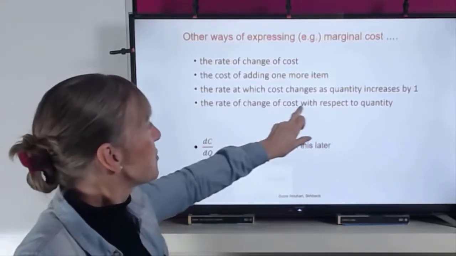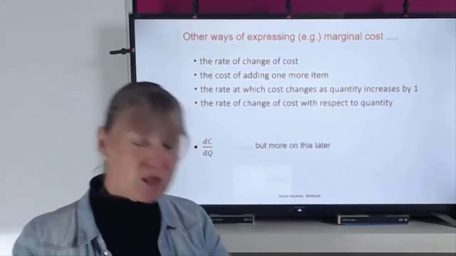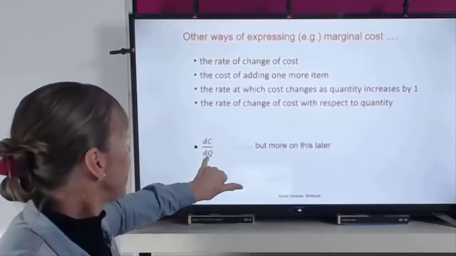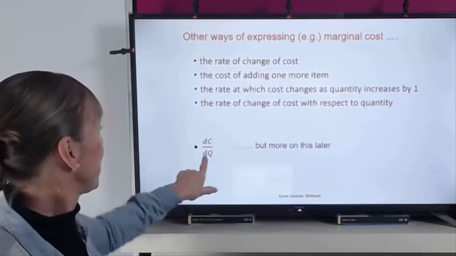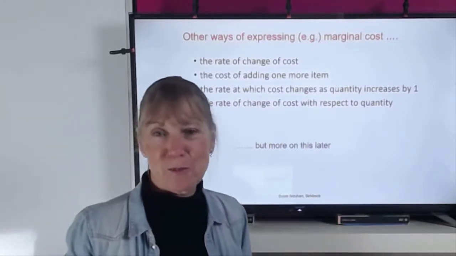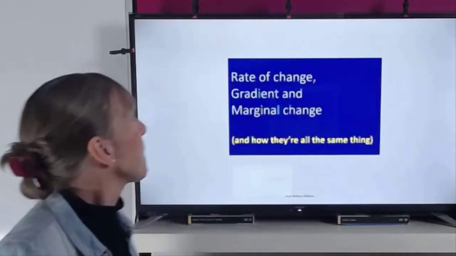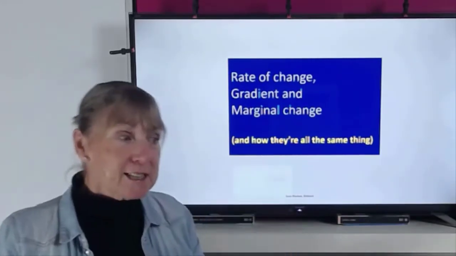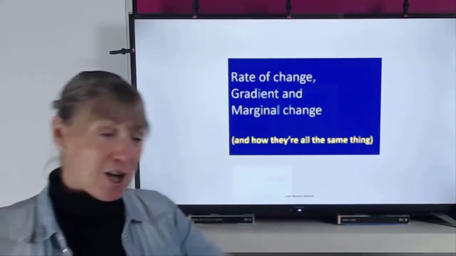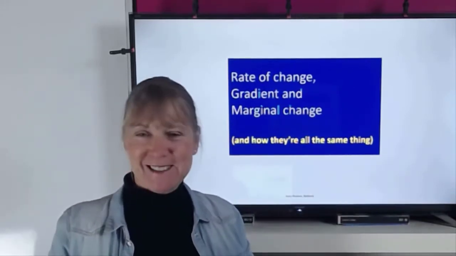The rate of change of cost with respect to quantity. They all mean the same thing. And very soon you're going to recognize that as another expression of marginal cost, but much more on that later. So rate of change, gradient, and marginal change are actually all the same thing.